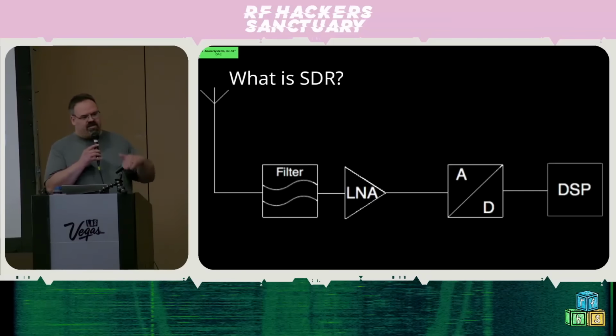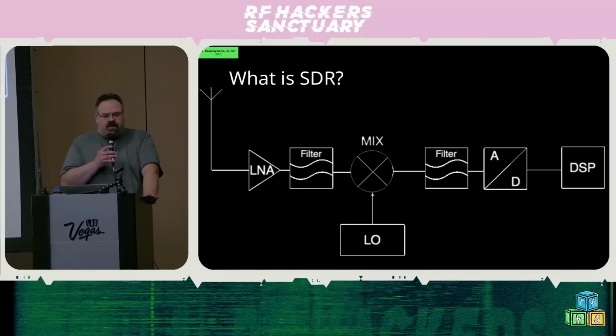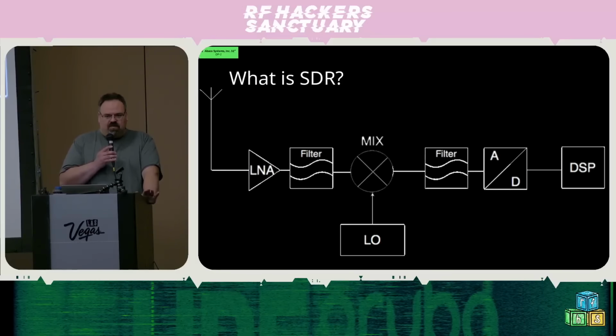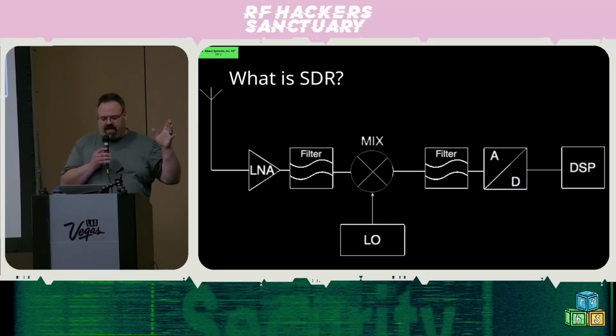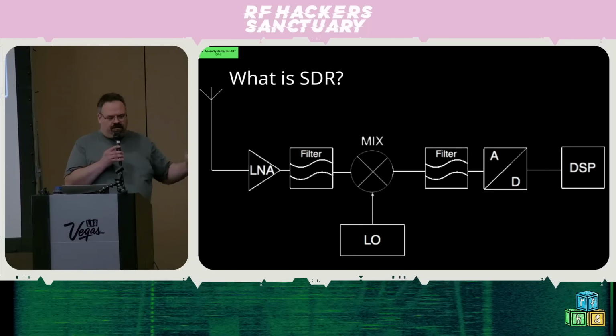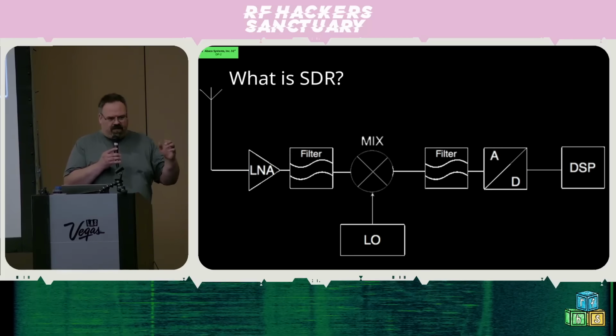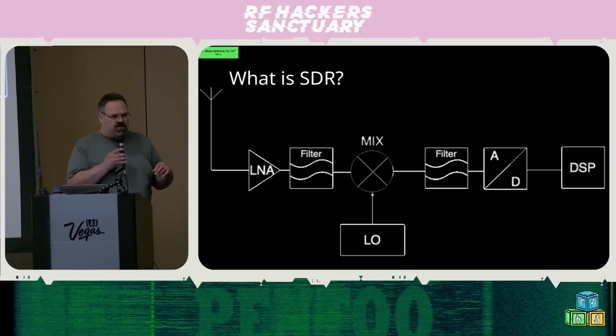Then we're going to accidentally flip where our filter and LNA are. And we're going to add a mixer and an oscillator. A mixer is a neat device that you put in two RF signals, and you end up with the original signal, the oscillator's input signal, the sum of the two signals, and the difference between the two signals.